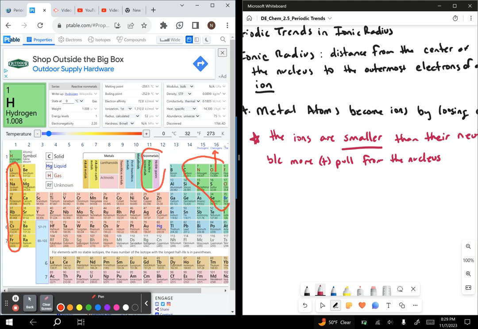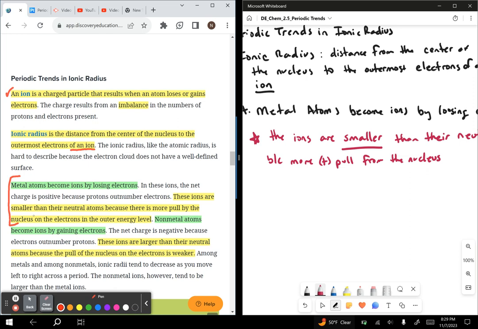So non-metals, we'll call this letter B, become ions by gaining electrons.